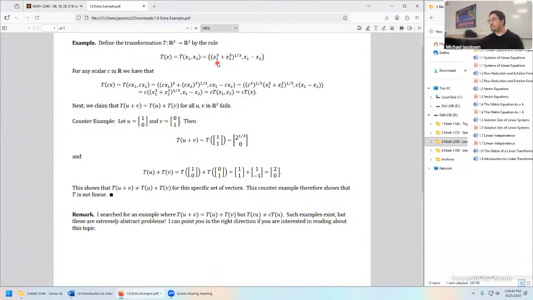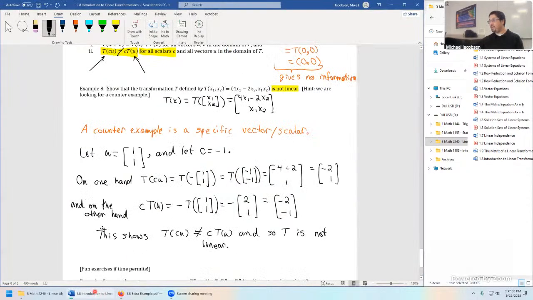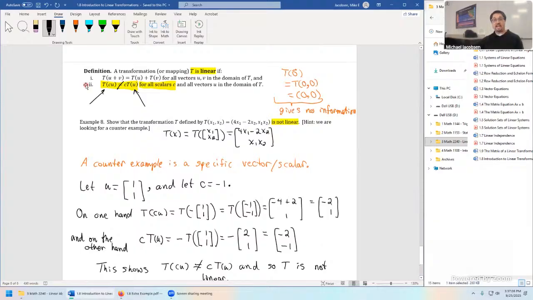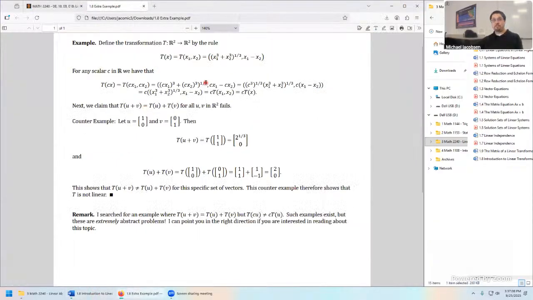It's the cube root of x1 cubed plus x2 cubed. And then in the second component, just x1 minus x2. It turns out that it preserves T at c times x equals c T at x. So this one's preserving part two. It actually works. You can prove it. That's what all this algebra here is about, if you like to track it through.